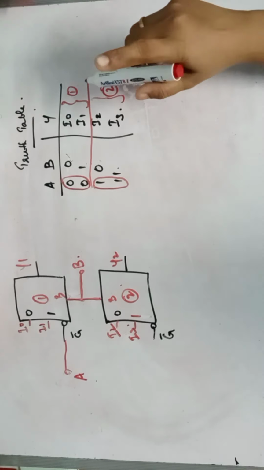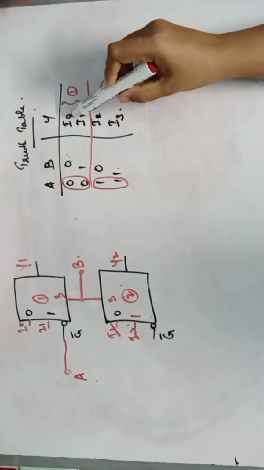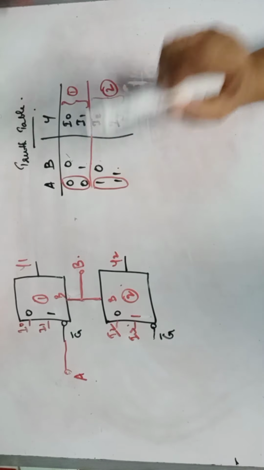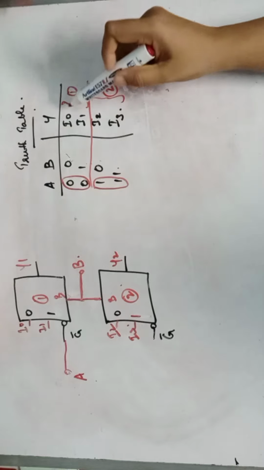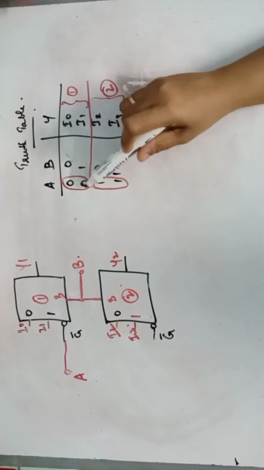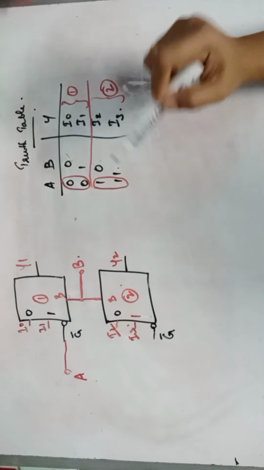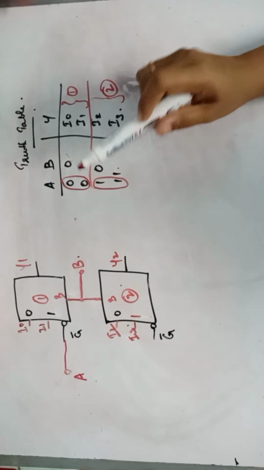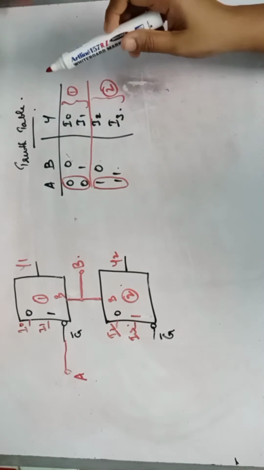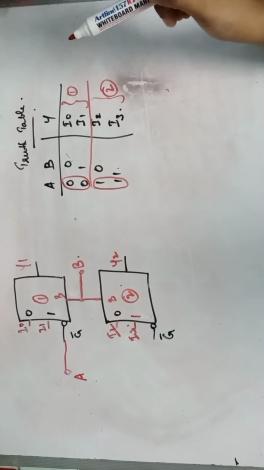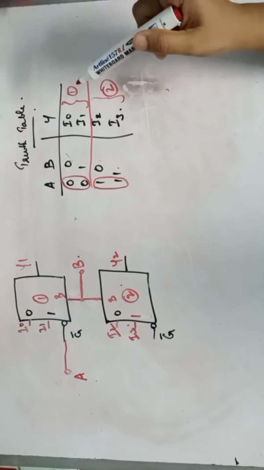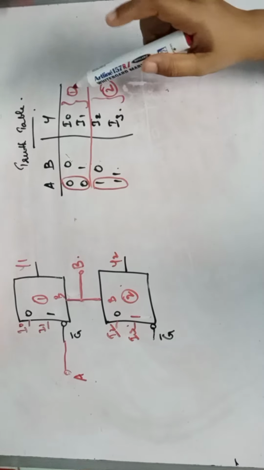You want only one, and that depends on whether A is 0 or 1. Whether you want I0 or I2 depends on whether you are giving A equal to 0 or 1. So if A is equal to 0, then the first IC should be selected. At that time, the second IC should not be selected.